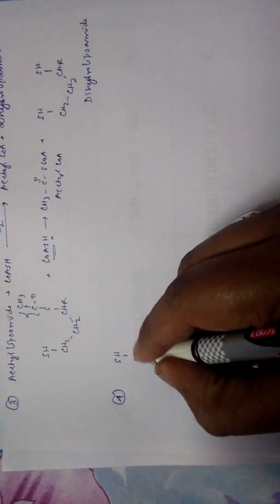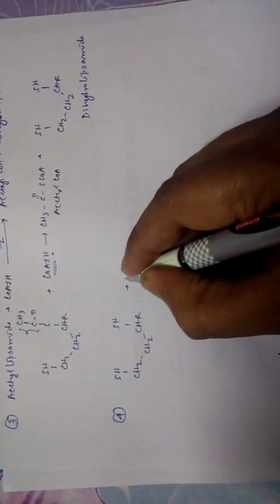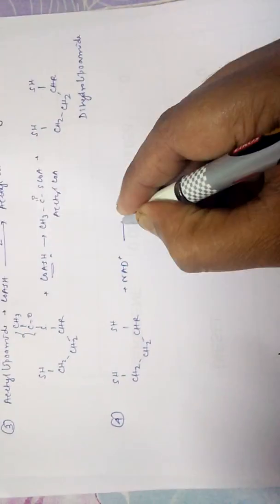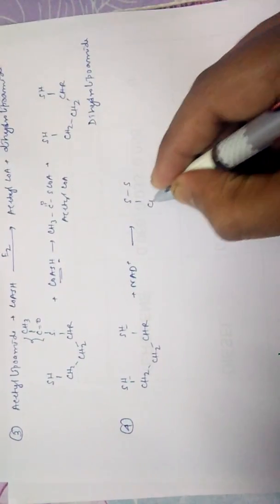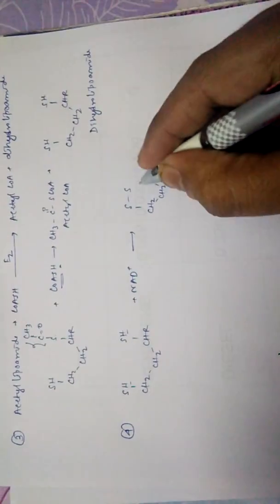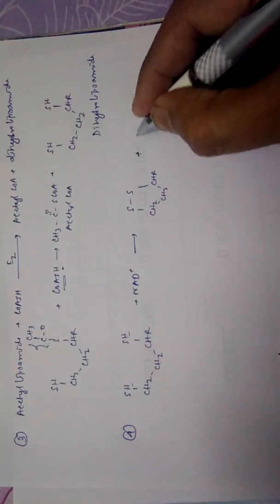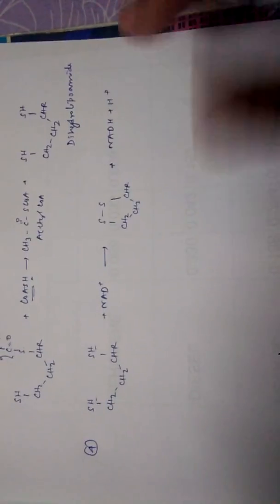So this is the last reaction. We have the dihydrolipoamide. We can use NAD+. NAD+ will accept these two hydrogens. Therefore, normal lipoamide will be produced once again, and the product is NADH plus H+.